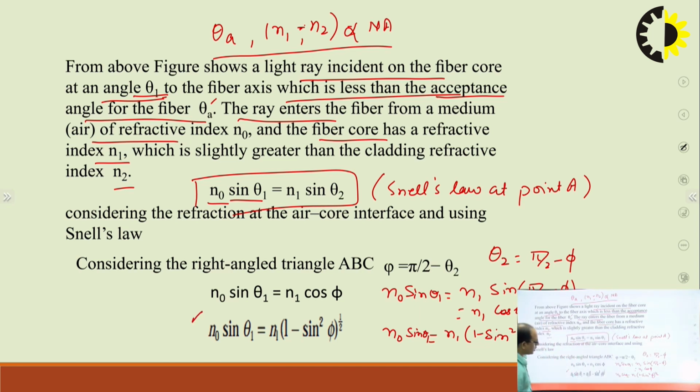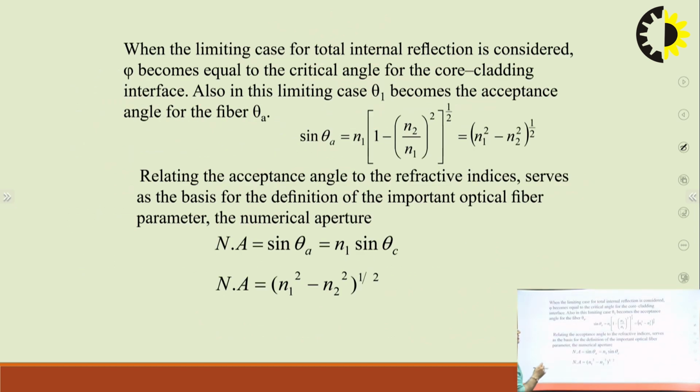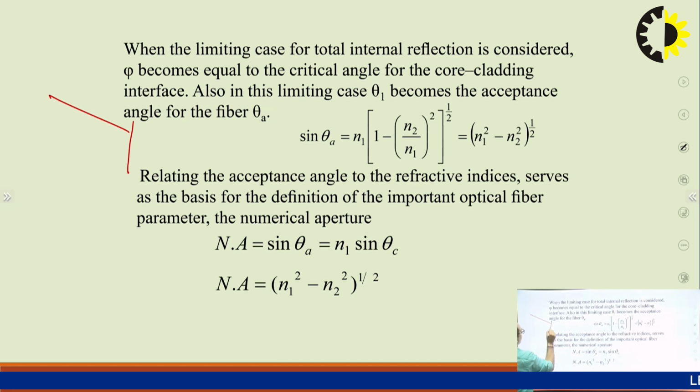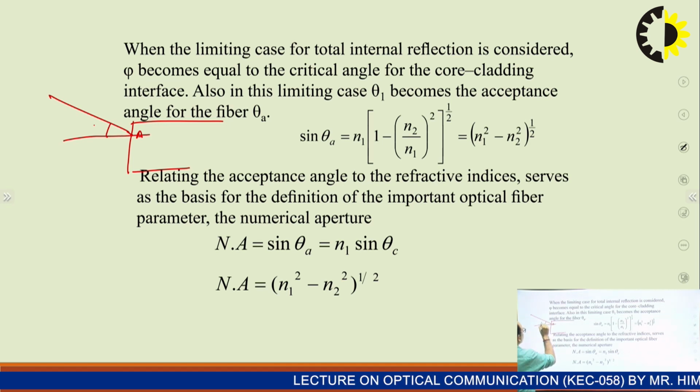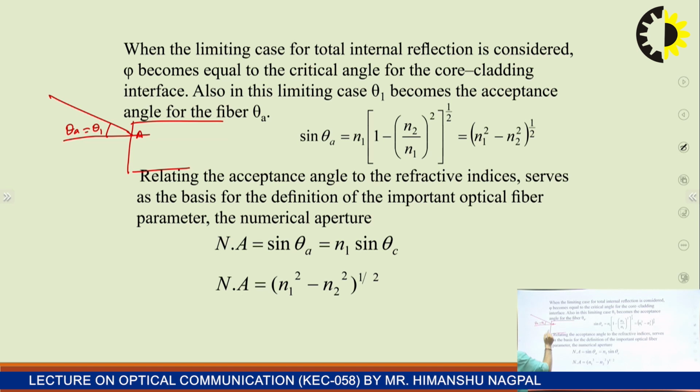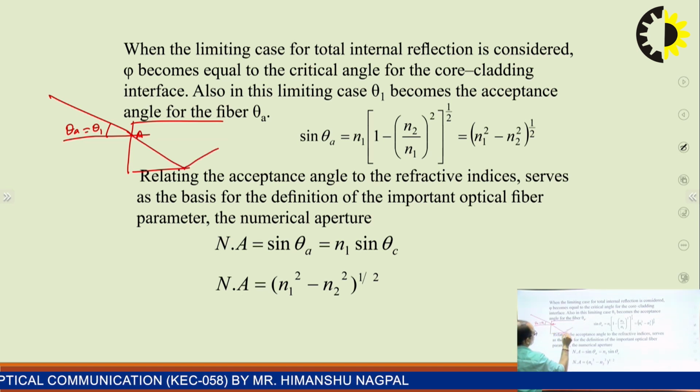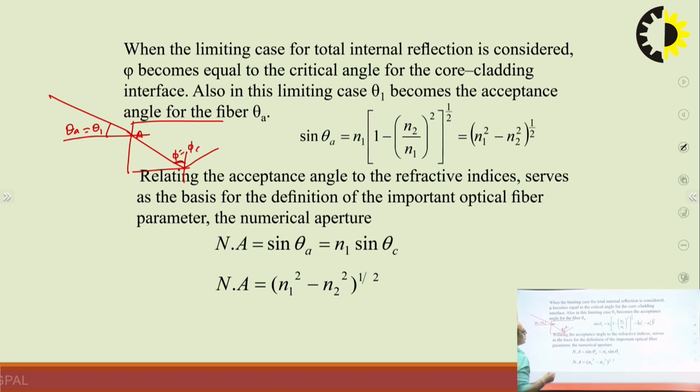Clear? Now for the limiting case, if the ray which enters the optical fiber core at point A makes an angle theta 1 equal to the maximum acceptance angle, then this phi will become equal to the critical angle. Clear?